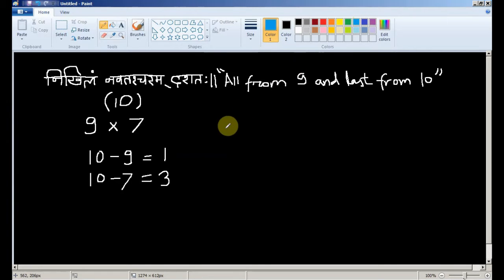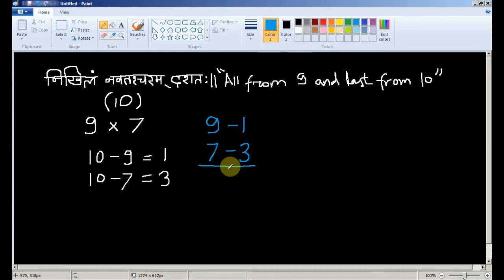So what you have to do now is write down the equation like this: 9 and minus 1, corresponding to the result, and the second digit and its result, which is 3. Now we got our equation set up.